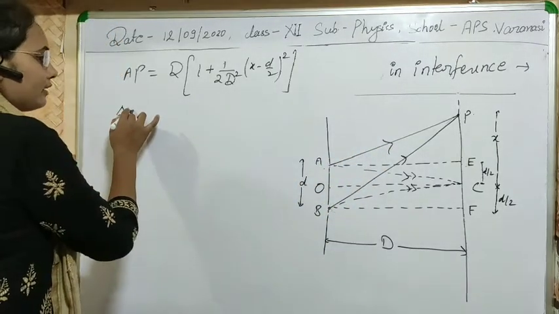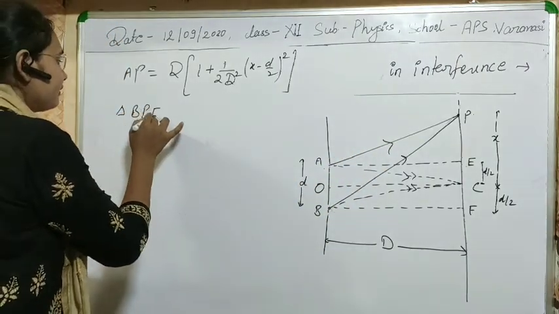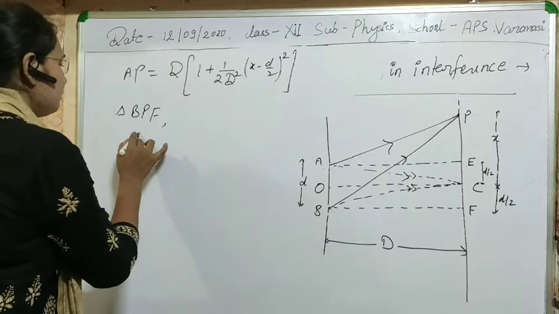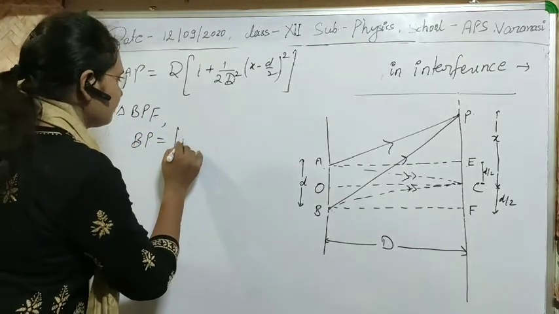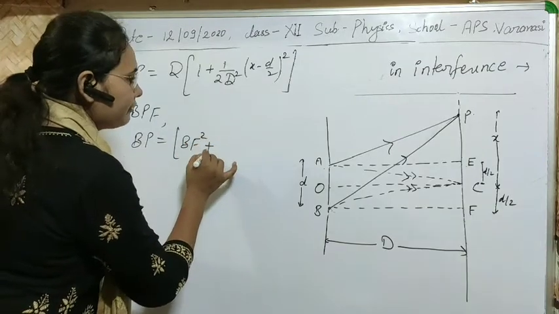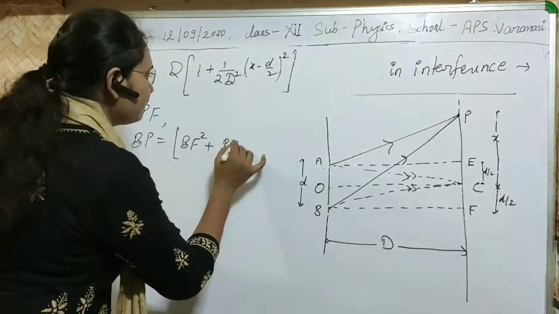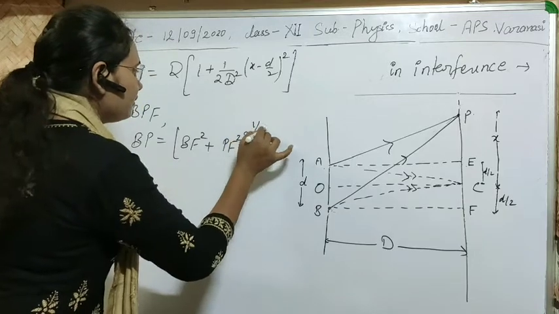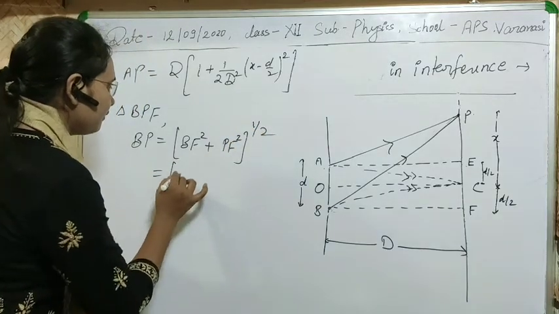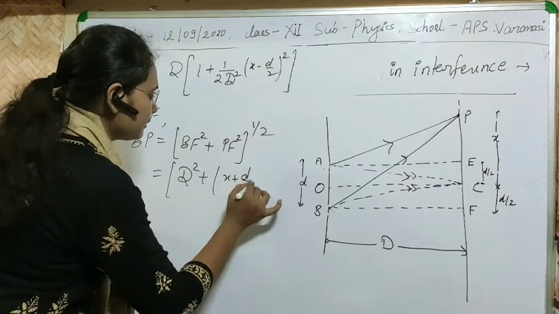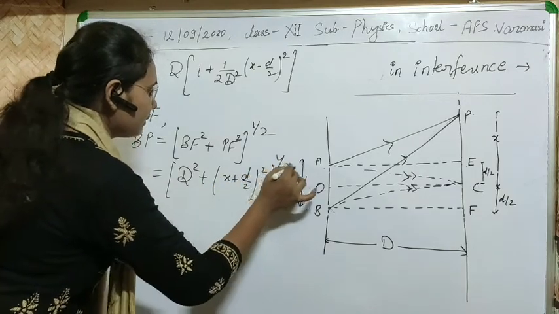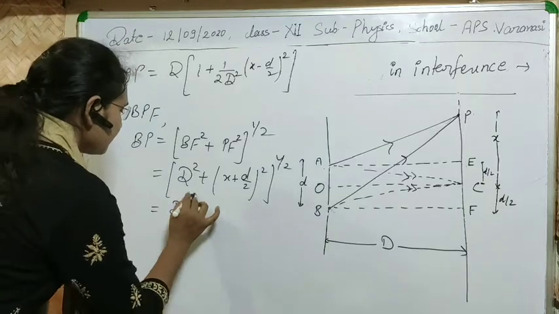So in triangle BPF, BP equals BF whole square plus PF whole square, to the power 1 by 2. Or we can also write d square plus x plus d by 2 whole square, to the power 1 by 2. Do the same process here.